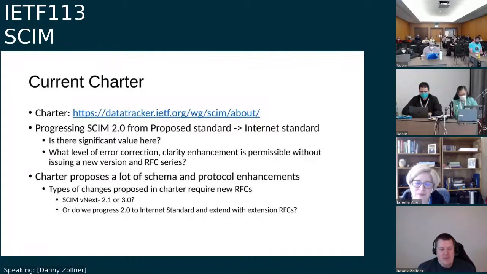Do we polish up SCIM 2.0, put a bow on it, finalize it? Or do we just leave it as proposed standard and work on 2.1 or 3.0 or whatever we may call it? I think I refer to it as V next in most of the remainder of the deck. And then there's another floating question of what level of error correction, clarity enhancement, etc., is permissible without issuing a new version in the RFC series.